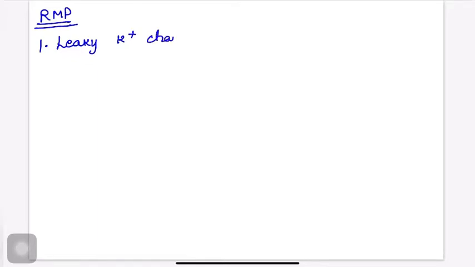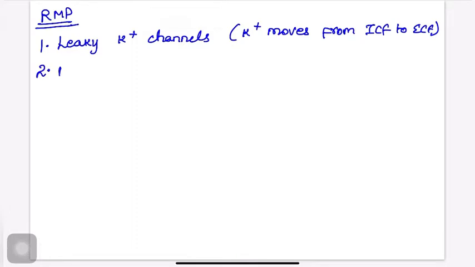Now as a summary, genesis of resting membrane potential is done by three things. First, mainly by leaky potassium channels: potassium moves from ICF to ECF, thereby making the interior of the membrane negative. Second, at rest there is relative impermeability of sodium.